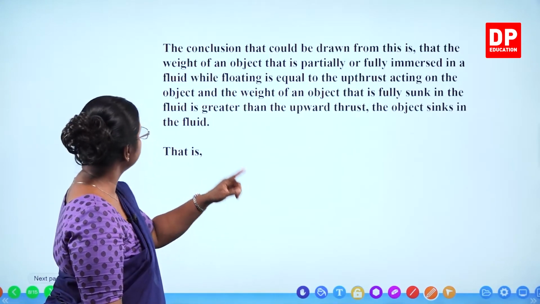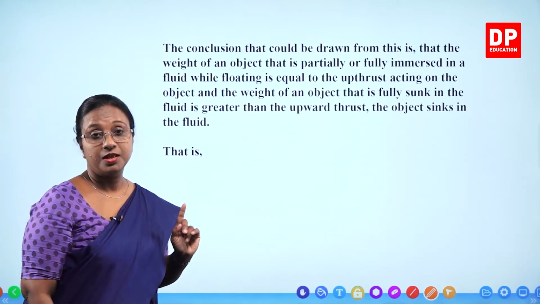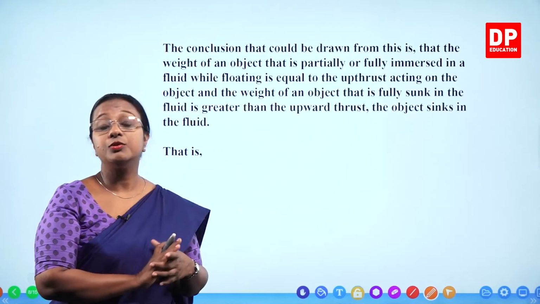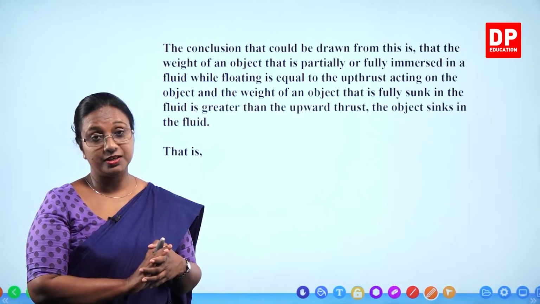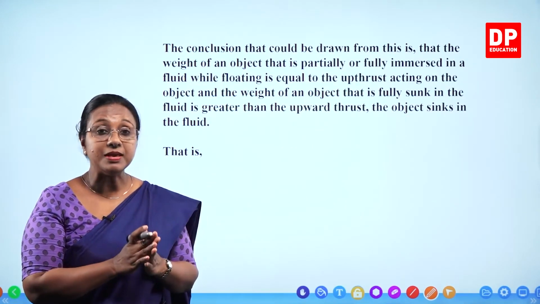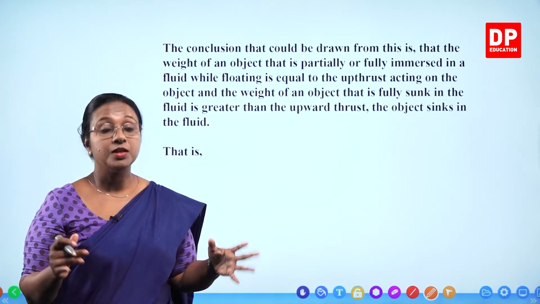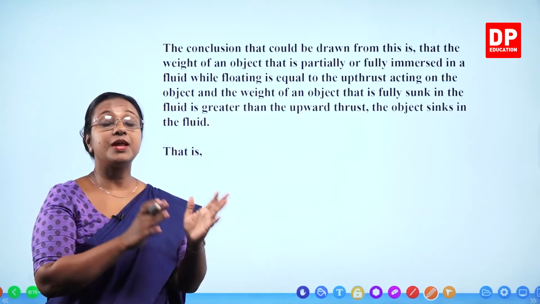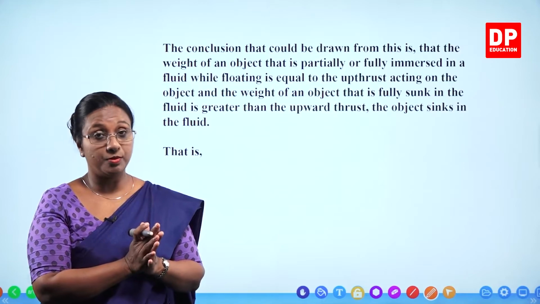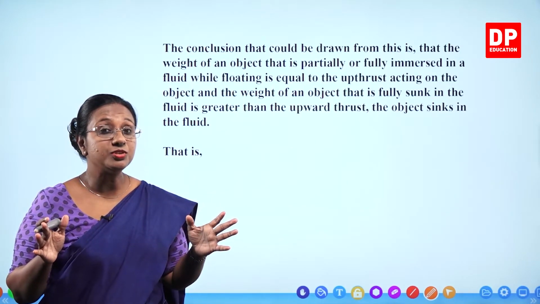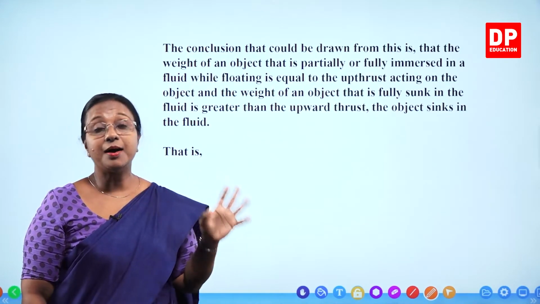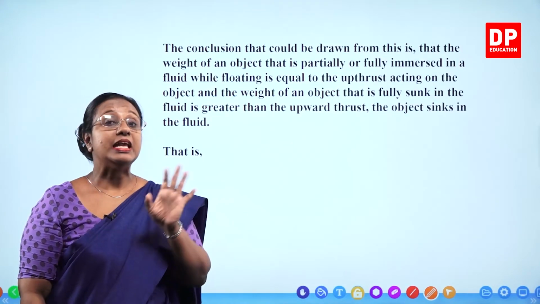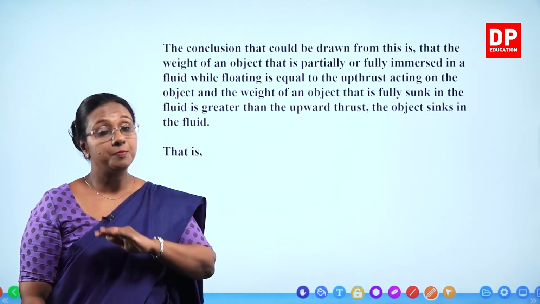The object sinks in the fluid. So that is what we concluded from the previous activities. So in instance A and B, the objects were floating. So in both instances, upthrust is equal to the weight of the object. But you all can remember, students, in A the upthrust is less. In B, the upthrust is more.